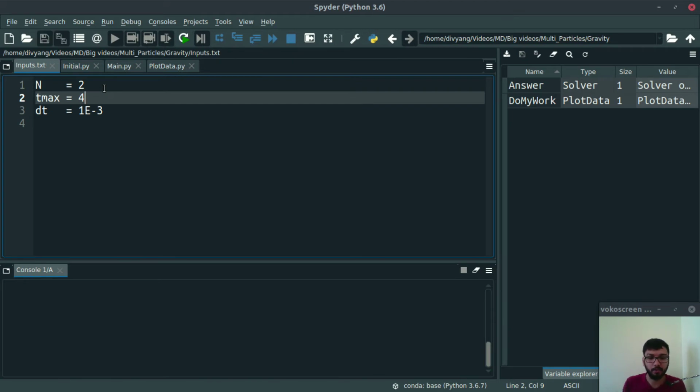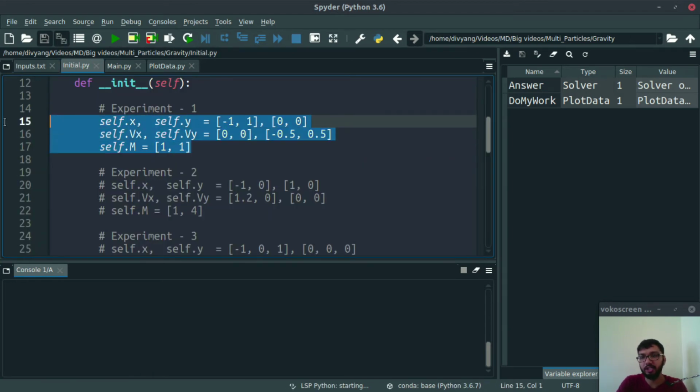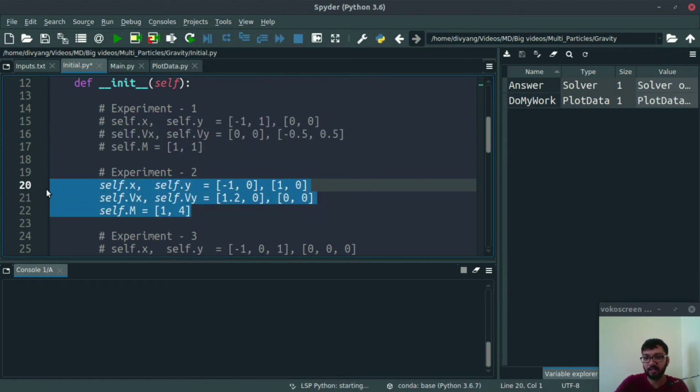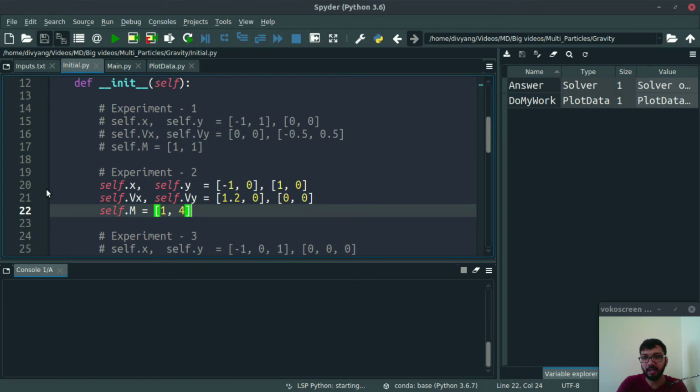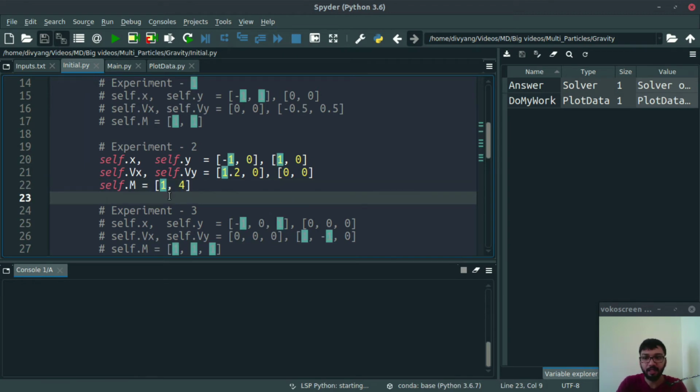Let's save this and quickly go to our initial.py file. These are the inputs for our second experiment. As you can see here in the mass list, this one is for the light particle and this mass is for our heavy particle. That means our heavy particle is 4 times heavier than our light particle.